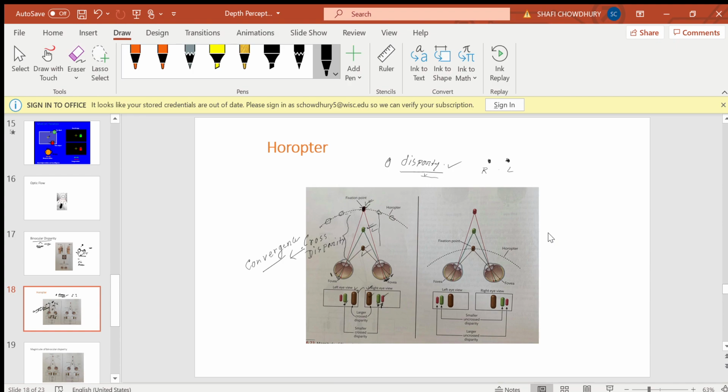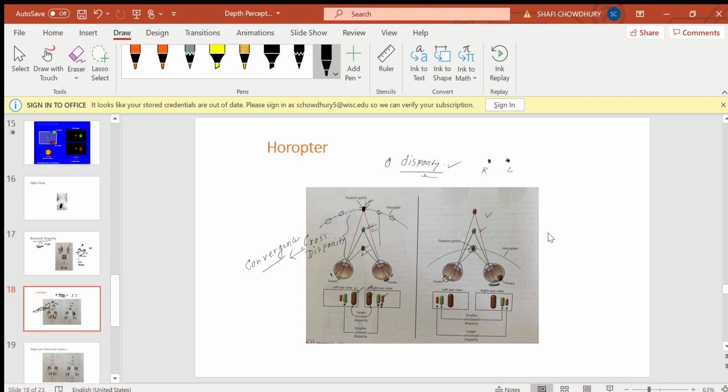Nearer than the horopter. Now these objects you see are further away, far objects. Your fixation is here. Now you are paying attention to the further object. In this case, you see the pictures fall medial to the fixation point. This is the fixation point here. So the pictures are on the nasal side. Same thing here.